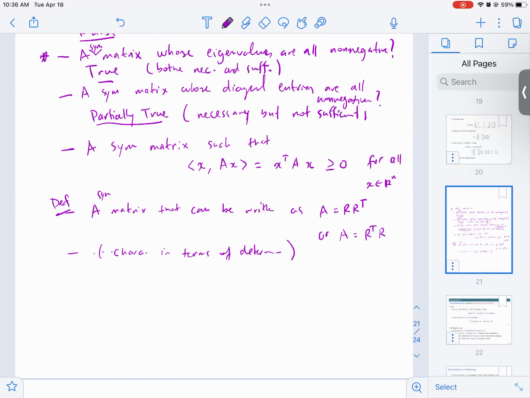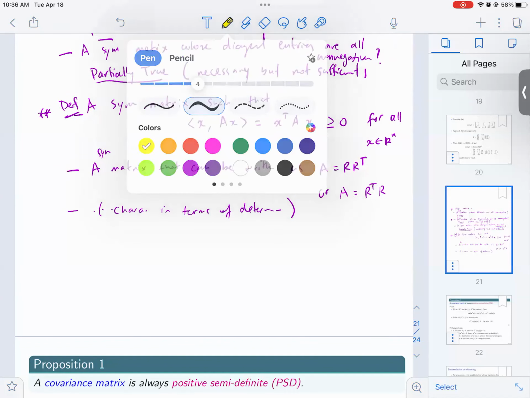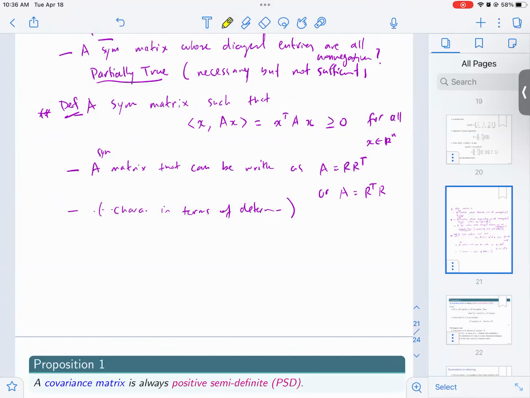So we're going to use this definition: a symmetric matrix such that this whole expression is positive semi-definite.